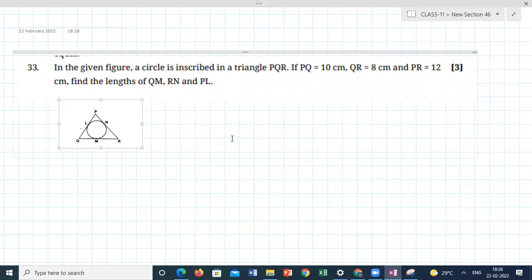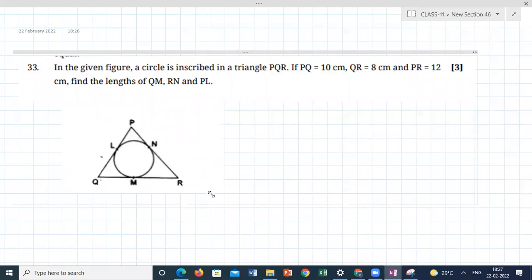Yeah, this is the question. Please try to solve this question. We know very clearly that tangents drawn from a point to a circle are equal. So PL is equal to PN, QL is equal to QM, and RN is equal to RM. Like that, you can start and you can do.